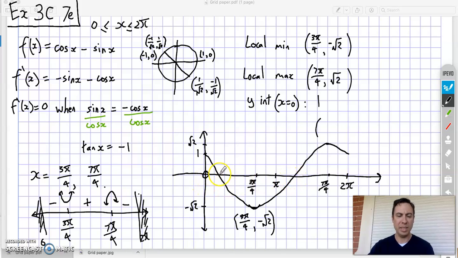Spoiler alert, they'll be at pi on 4 and 5 pi on 4. But we've got a fairly comprehensive sketch just from the min and the max. All right, and remember these are just sketches. Like I'm saying, we could do more here, right? But I'll leave it there because I'm just going to answer the question as it was written.